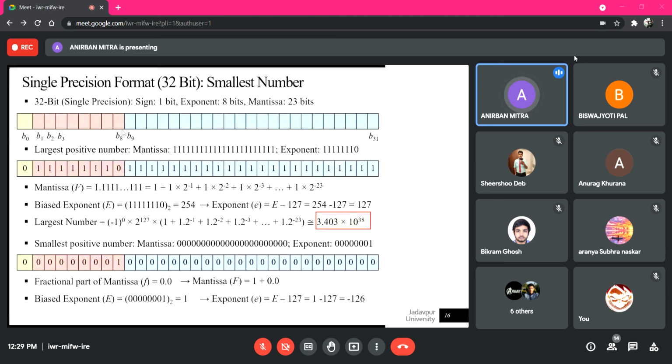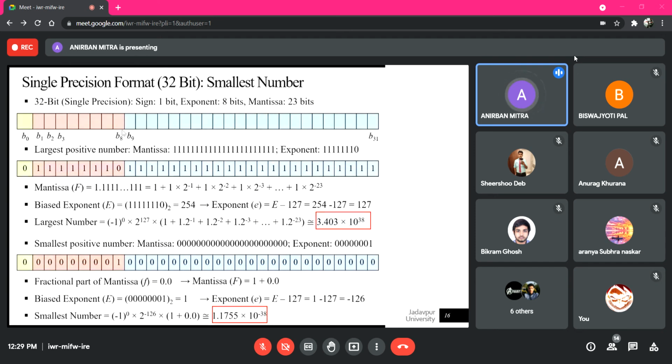The actual exponent would be found by subtracting 127 from the value of 1, which gives us minus 126. So the smallest number would be calculated as minus 1 to the power 0 multiplied by 2 to the power minus 126 multiplied by 1 plus 0. And approximately it comes out to be 1.175 into 10 to the power minus 38.